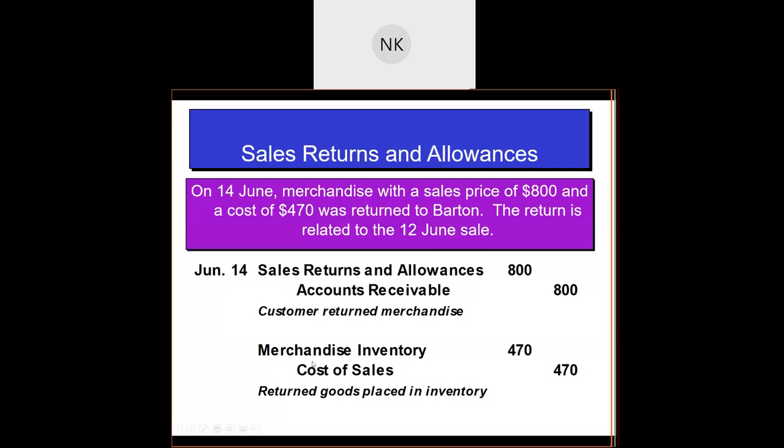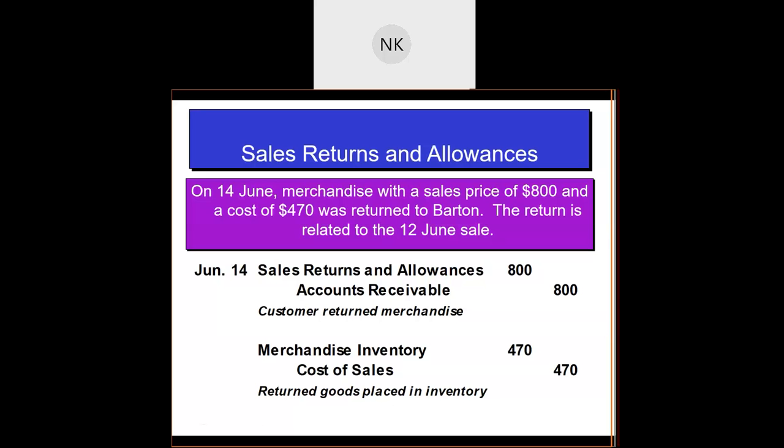So you have to debit back the merchandise inventory and reverse back the cost of sales that you already recorded earlier. So this is the journal entry for the returned goods placed back in the inventory.